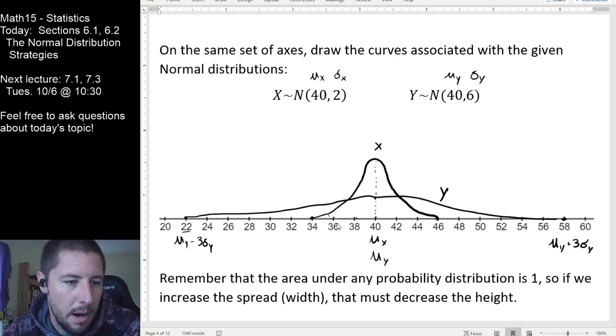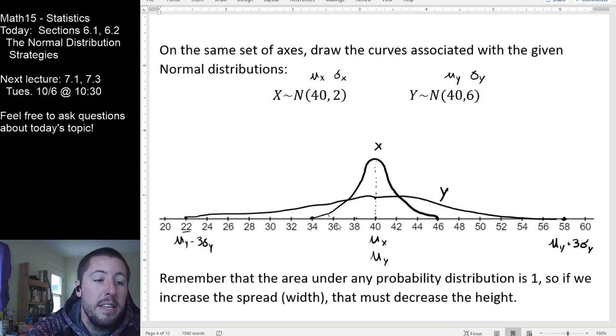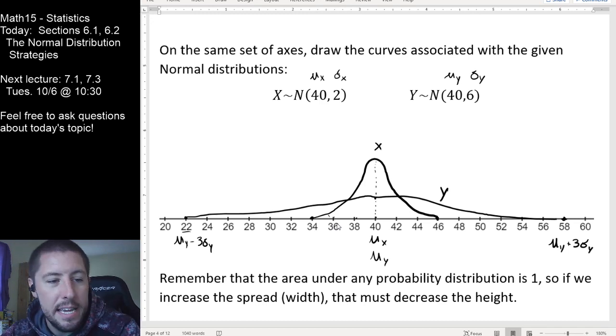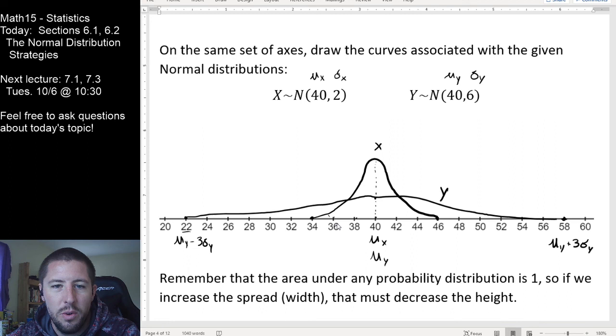So let me wrap up this picture by saying I got a bunch of very good and reasonable questions from people about interpreting standard deviation associated with the binomial distribution in the last couple of weeks. And I basically kept on saying to those people that it's a little harder to talk about. We're not really focusing on the graphs of the binomial distribution. We'll be able to see it better in the normal distribution. Now is when you should be able to see the influence of the standard deviation and what it's doing for us right here.